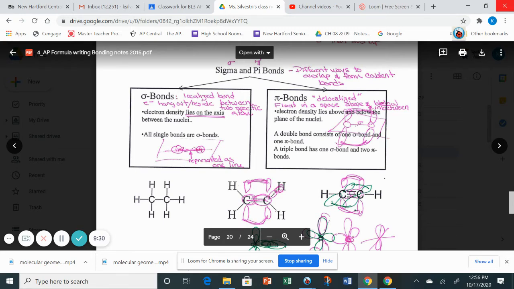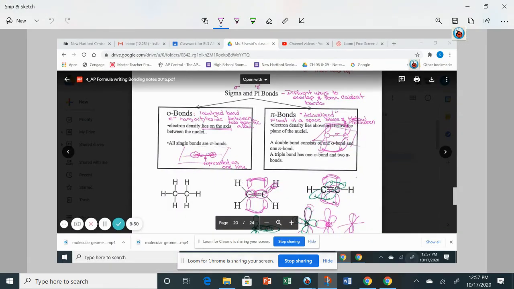All right, sigma and pi bonds are types of descriptions of what happens to the electrons in the bonds. Like, are they along the axes between the 2 elements, or are they above and below floating in space, but shared between the 2 elements? So when we look at a sigma bond, that sigma bond is considered a single bond. So think S S, sigma, single.